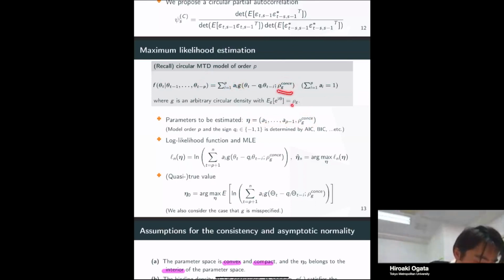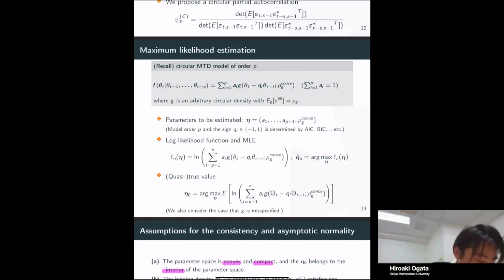The notation is a little bit confusing, but this rho z cons stands for the concentration parameter of z, and this rho z is the resultant length of the circular density z. For example, if we set G as the wrapped Cauchy distribution, rho z cons and rho z coincide.